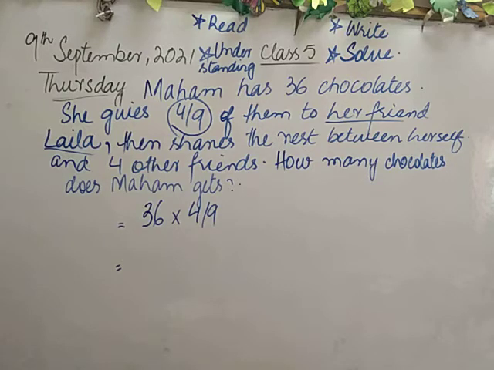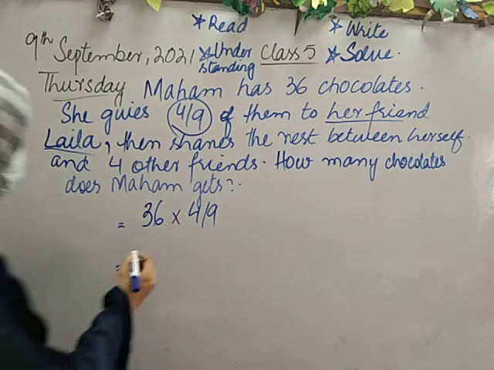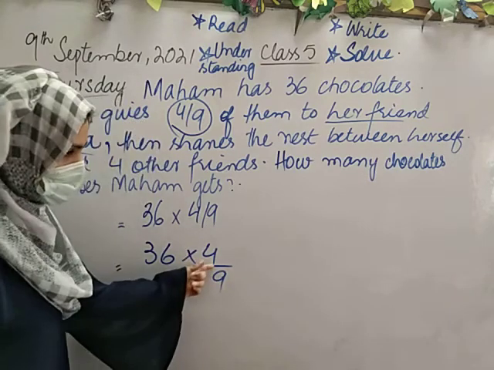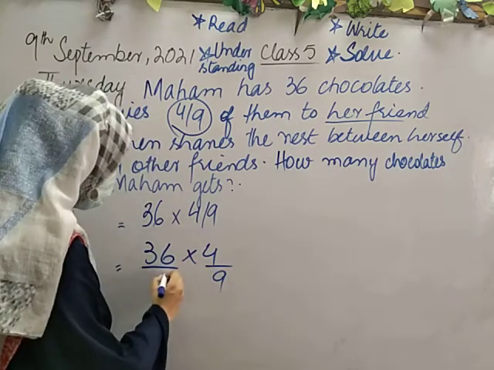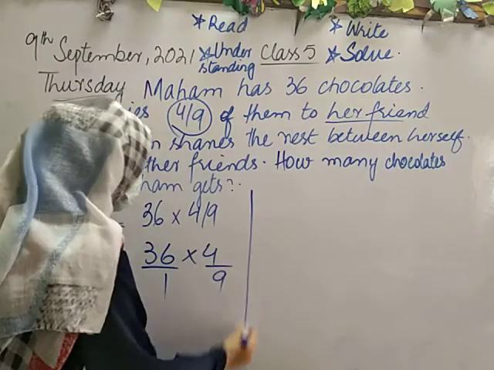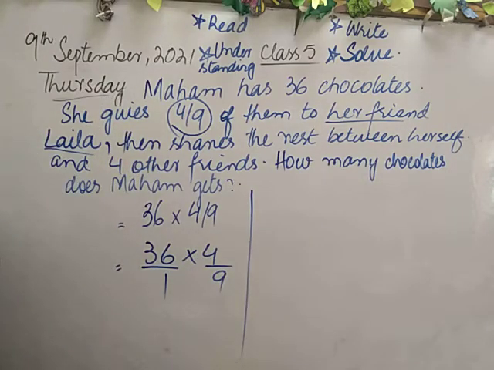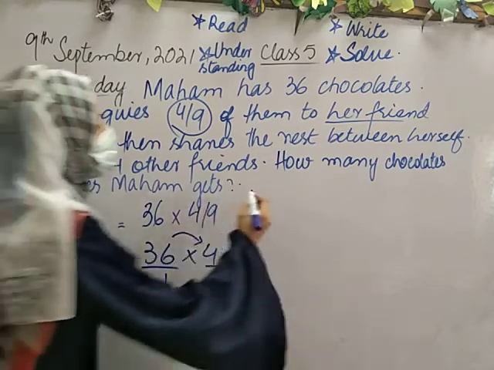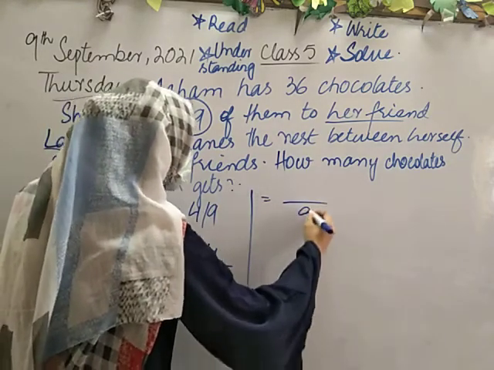Fine class. Now as you know 36, is this a fraction? To make this fraction I will write 1 in the denominator like this. Now I will simply multiply denominator with denominator and numerator with numerator.